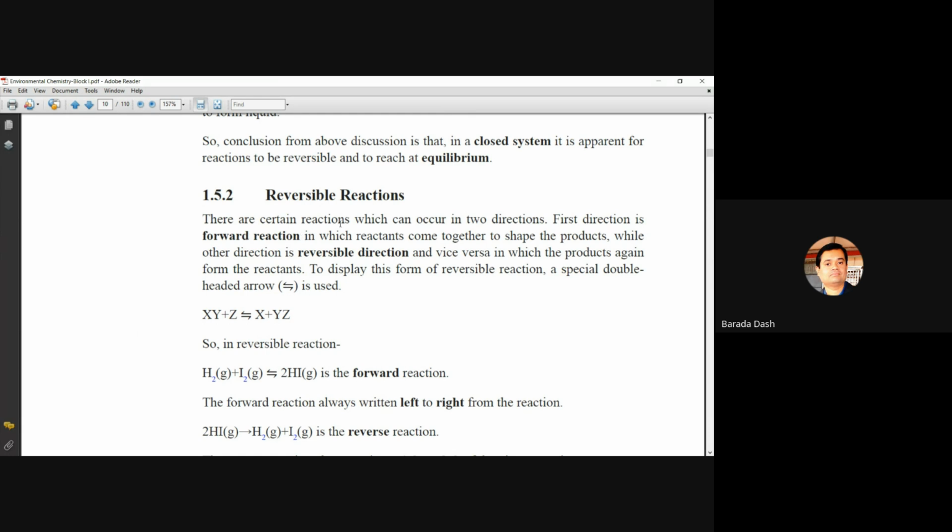And so next is reversible reactions. There are certain reactions which can occur in two directions. The first direction is the forward direction. Already I told you, reversible and irreversible reaction. In the forward reaction, the reactants come together to give the products, while in the other direction, the reverse reaction, the products give back reactants. X plus Y gives Z in the forward direction, and Z gives X plus Y in the reverse direction.